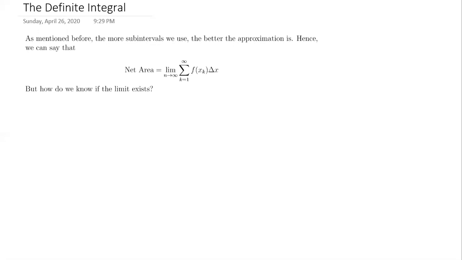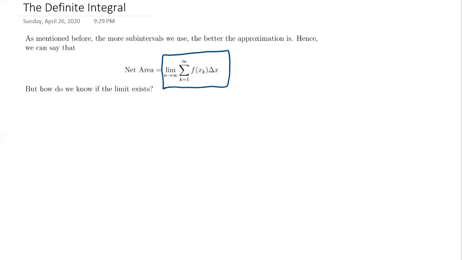We saw that the more subintervals we used, the better the approximation was. So in theory, what would be net area then? Well, in theory, we would use infinitely many rectangles. Of course, in practice, that's not possible, at least with the techniques we have. We can't draw infinitely many rectangles. But at least theoretically, this is how we're going to define net area.